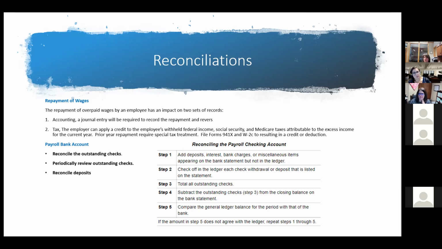So be sure you know all of those checks, what they're for, why they're outstanding. If they're outstanding, company policy, maybe more than 30 days, you contact the employee, right? Because we all know of escheatments, and you have to report those to the state of Colorado and turn those funds over.